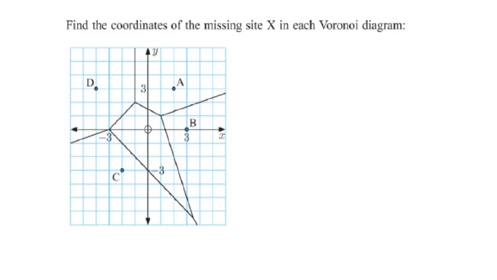Now let's do another example. Find the coordinates of a missing site X in each Voronoi diagram. So for the missing site X, we need to check each edge. Each edge is the perpendicular bisector line between two sites. Since this edge will be between two sites C and X, X must be in this cell.